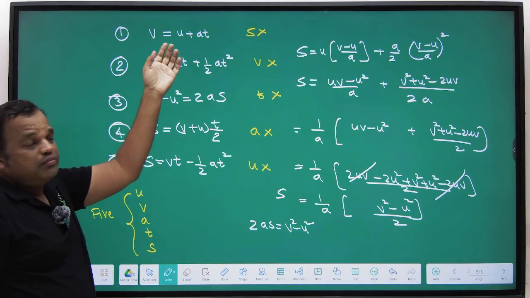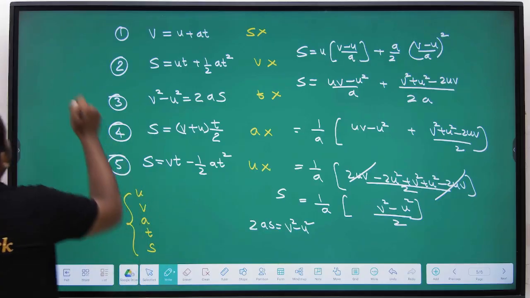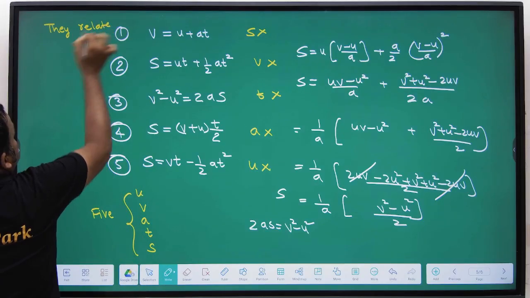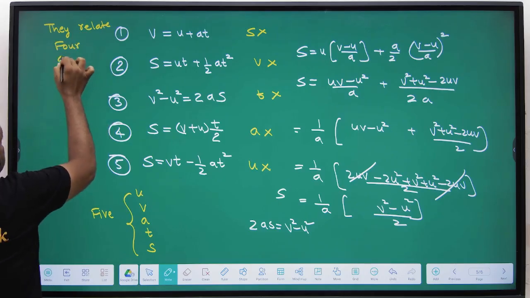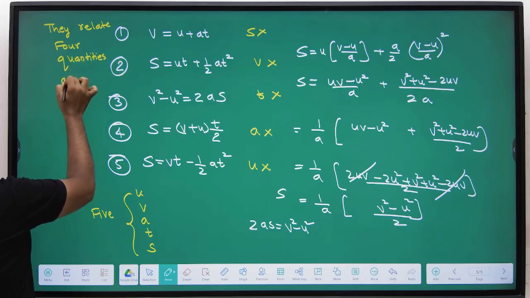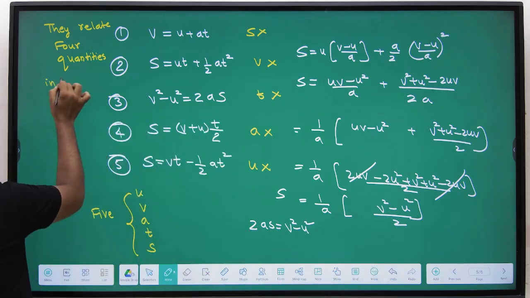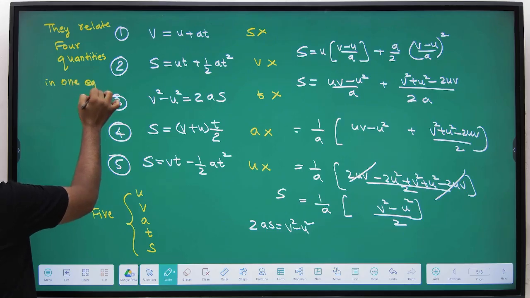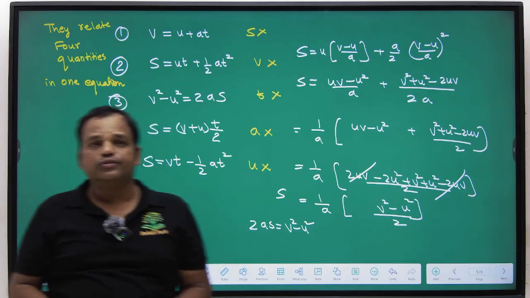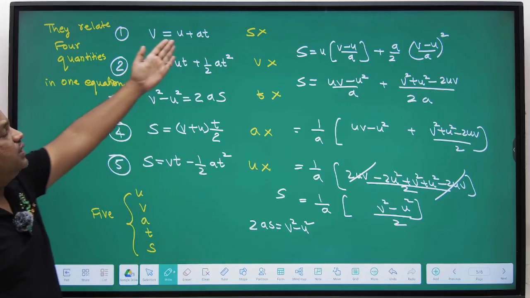So at a time, in one equation we have 4 quantities related. So when we solve the questions related to equations of motion, we have to remember these points.